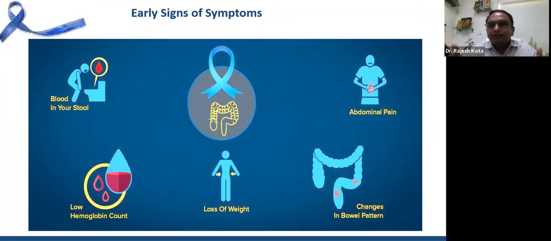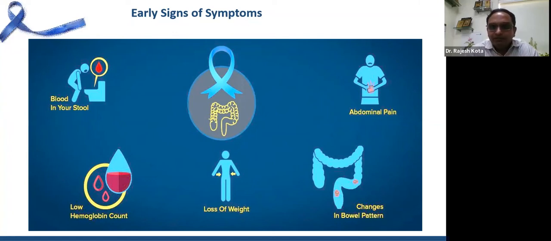If the pain is there for 1 or 2 days, you can basically take some over-the-counter medications. But if the pain lasts for a week or so, if it is long-lasting, not getting relieved with your over-the-counter medications, again, it is a warning sign that you must get tested. You must get checked with your family doctor or a gastroenterologist.